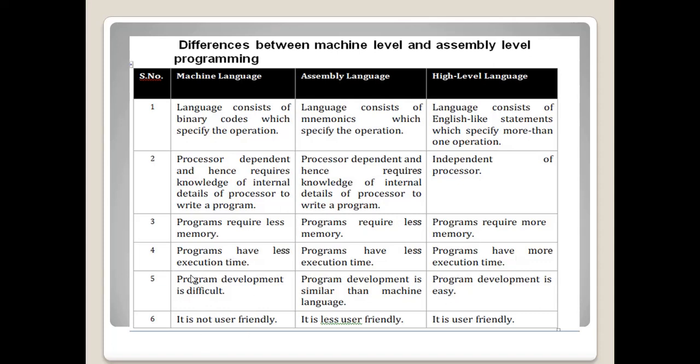In machine language, it is difficult to develop the programs. Program development is similarly difficult in assembly language. In the case of high level language, program development is easy as it is an English like language. We can easily remember the instructions.